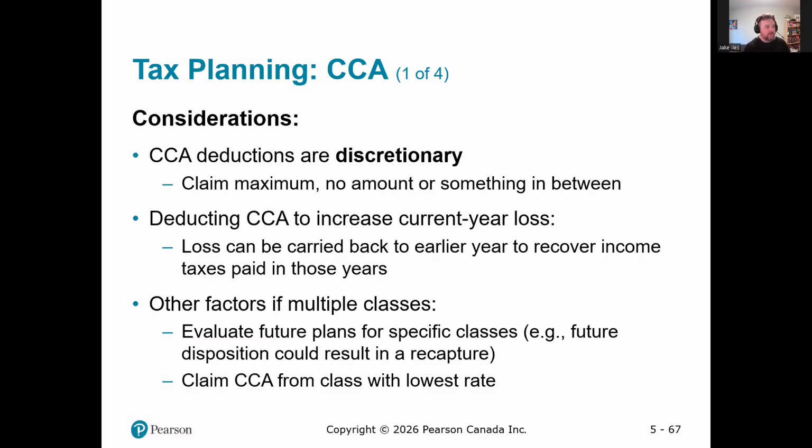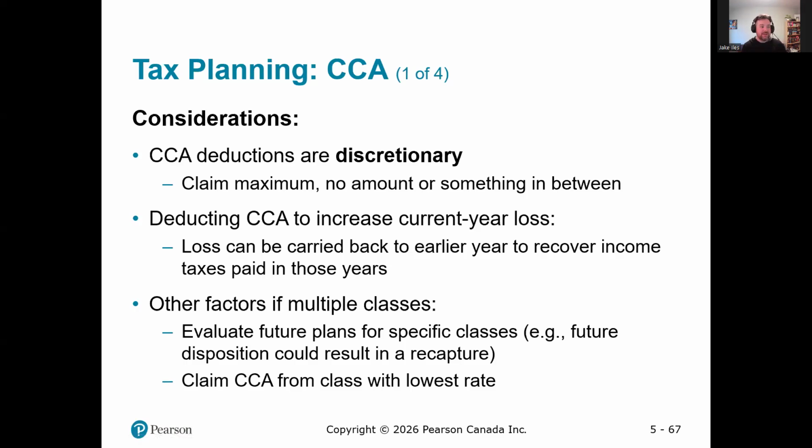So we've been discussing CCA. What are the tax planning considerations? CCA deductions are discretionary. We usually want to claim the maximum, but we can claim nothing and anywhere in between. If we have a current year loss, we can deduct CCA to increase that loss.